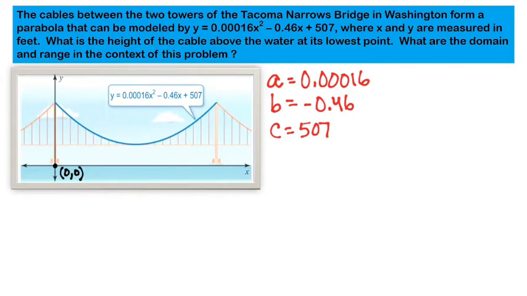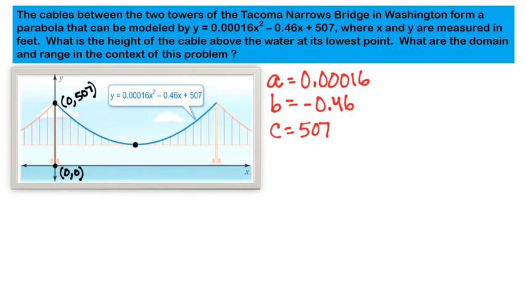So we know that this point here is over 0 and up 507 because our C value is 507.